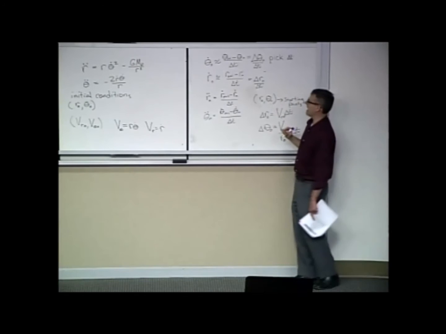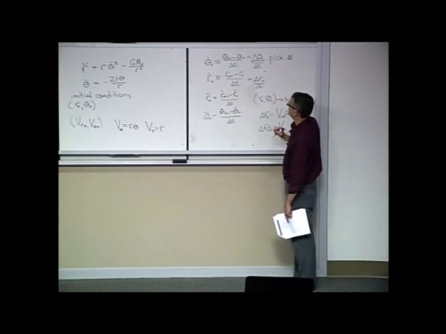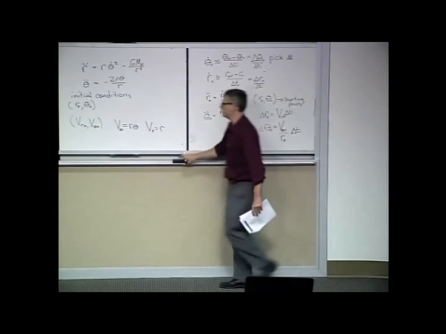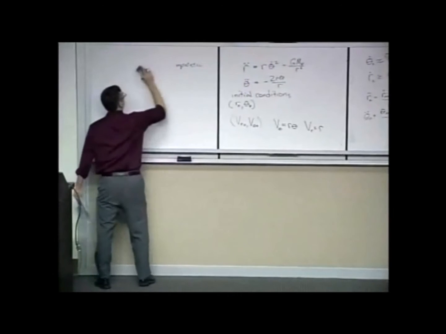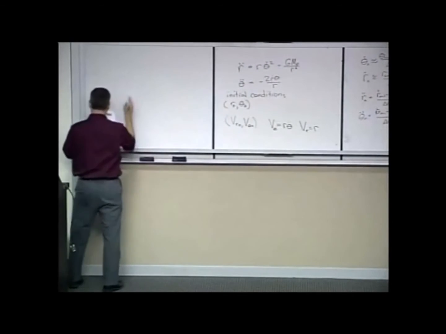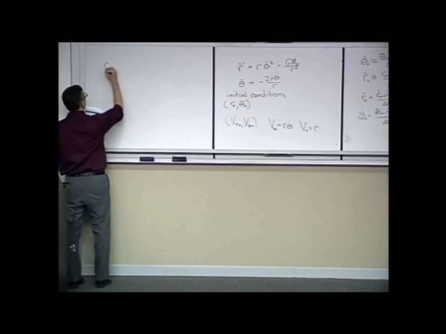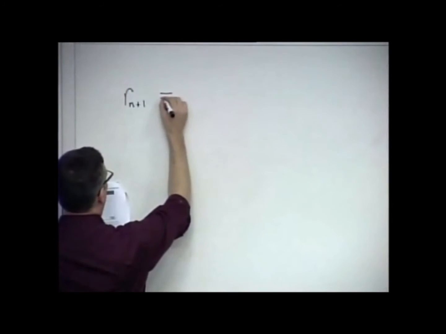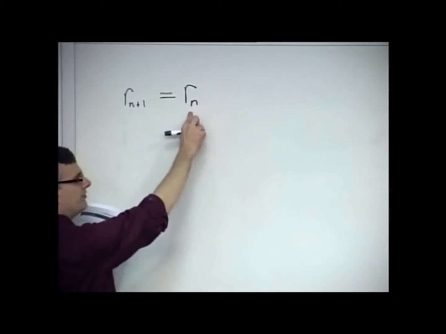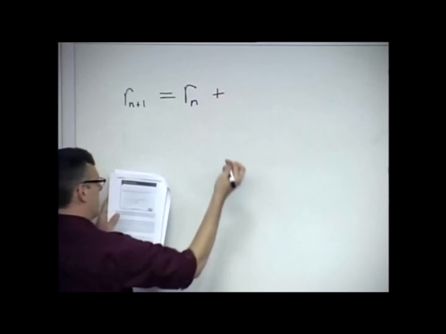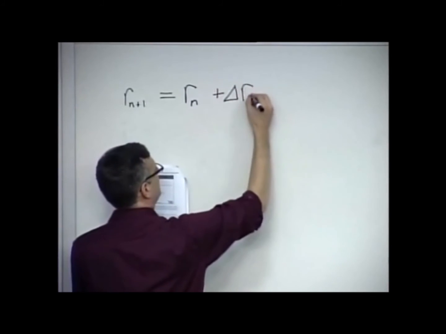We actually already have the first set of equations. Let me go ahead and write the whole discrete system down so that you have it, and then we'll talk about it. So this is my algorithm. R at time sample n plus 1 is equal to r sub n, my previous sample, plus whatever my delta rn is.